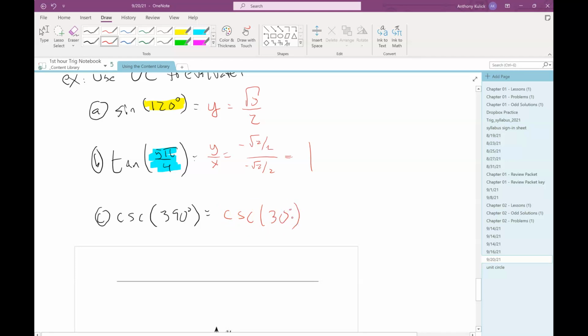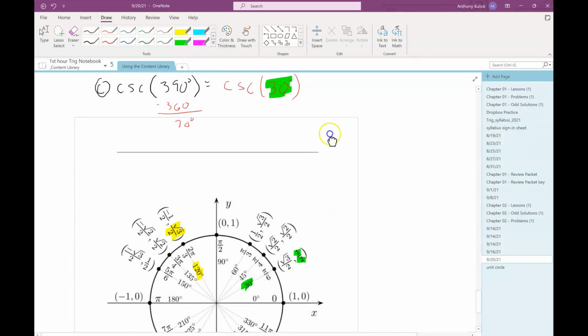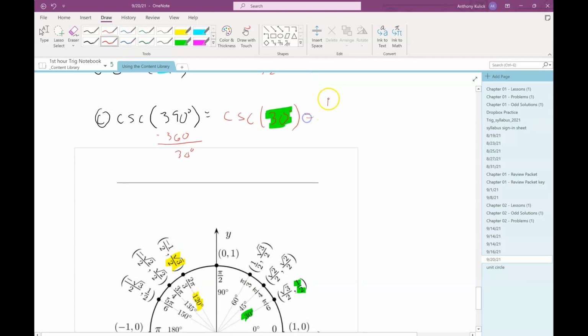So really, this is the same thing as cosecant of 30 degrees. So I'm going to go to my unit circle and find 30 degrees. And I know cosecant is 1 over y, which is just 2.